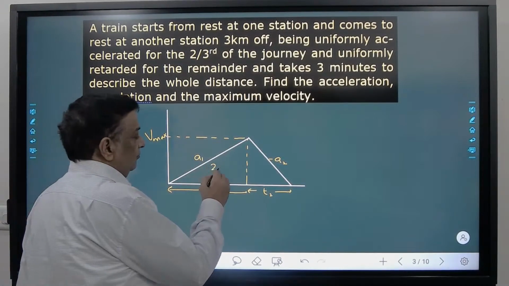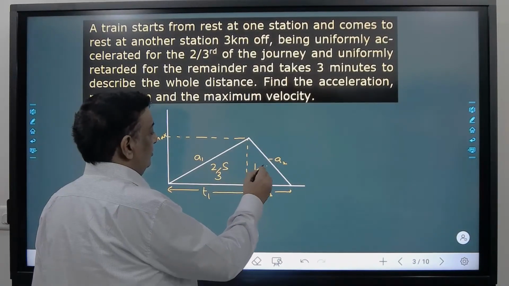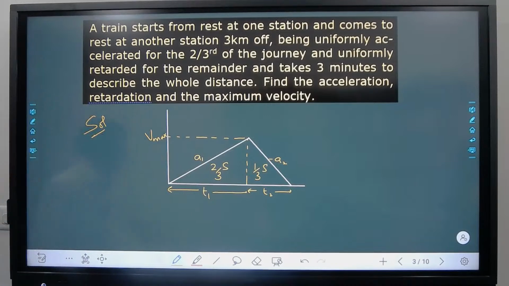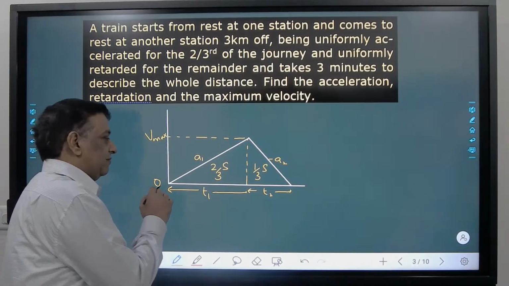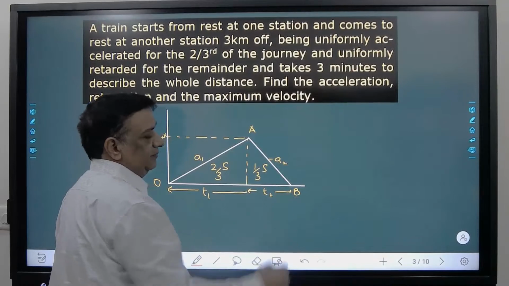This is two-thirds of the journey and this is one-third of the journey. The area under the graph is the distance traveled. Maximum speed is the same for both. Like you can say the car moves from O to A and then A to B.